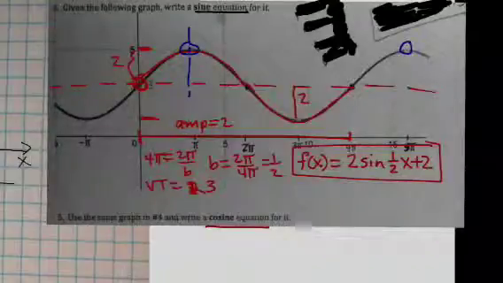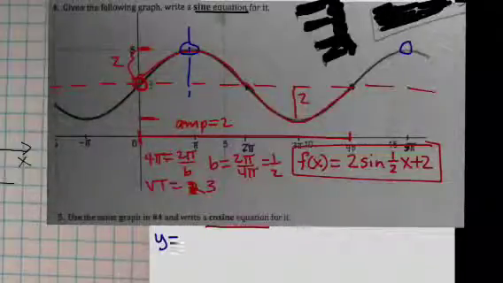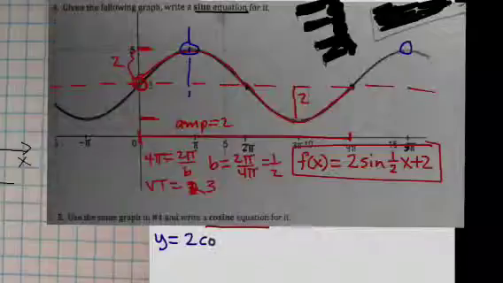Okay, but the horizontal translation, I have many choices, but I can say if I want a positive a value in my equation, I'm going to use the one I marked right now, the one in blue. And so I'll use y this time, y equals 2 cosine.